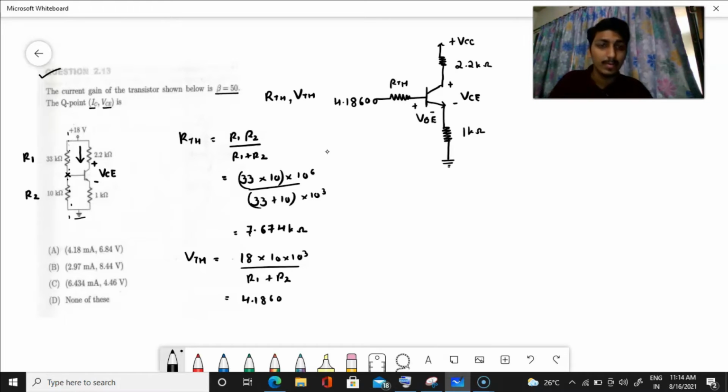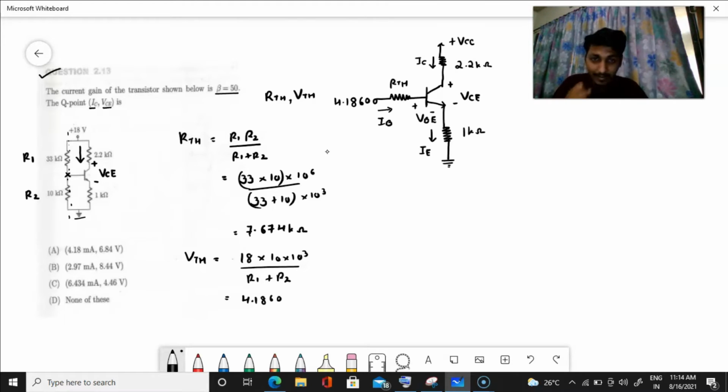At the base terminal we have the IB current, and we require IB to find the respective collector current IC and the emitter current IE.